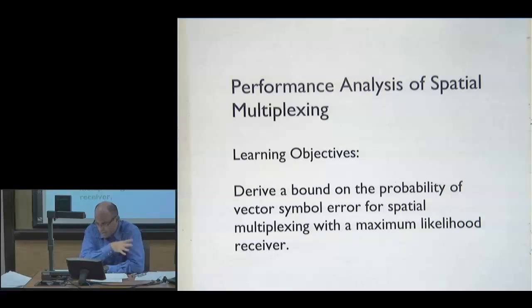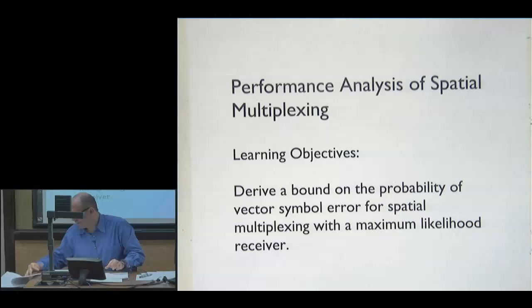Some of the reasons I like to do the derivations is there are some interesting mathematical tricks that get involved in there, and it's just kind of fun. After that, we're going to talk about channel estimation with spatial multiplexing systems, and then we probably won't finish all that on Wednesday, but then we'll continue into synchronization and OFDM, and then that'll pretty much be the last lecture, and we'll have a review. So that's where everything is going here.